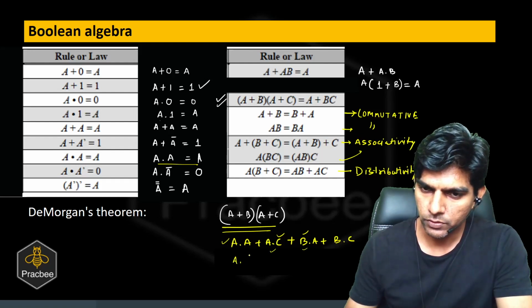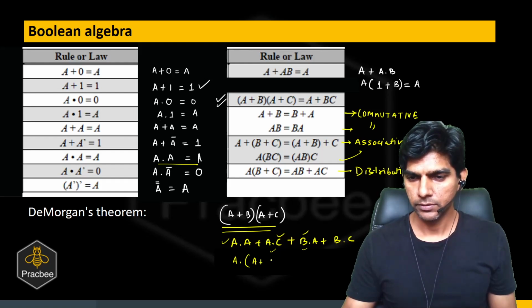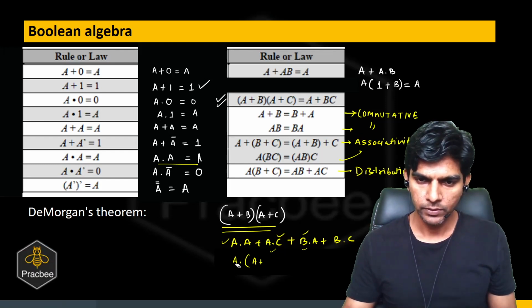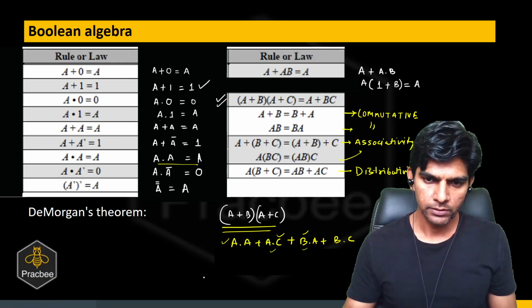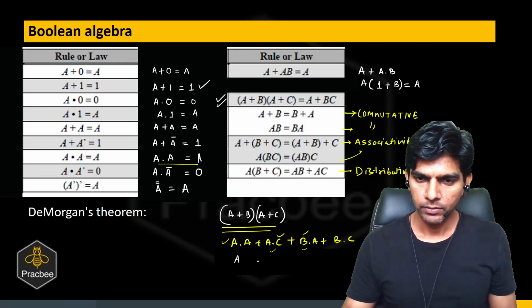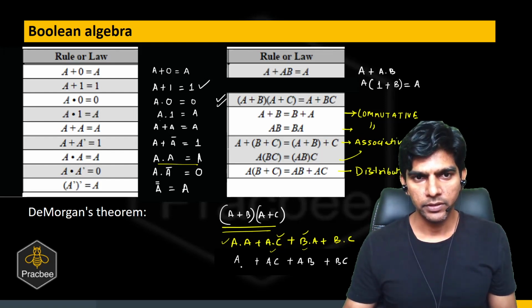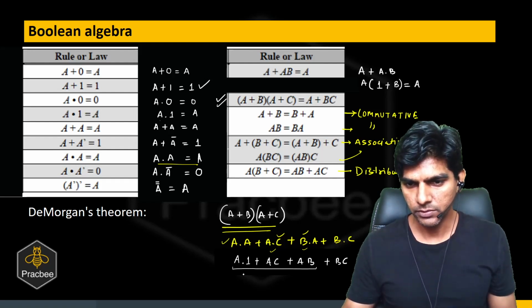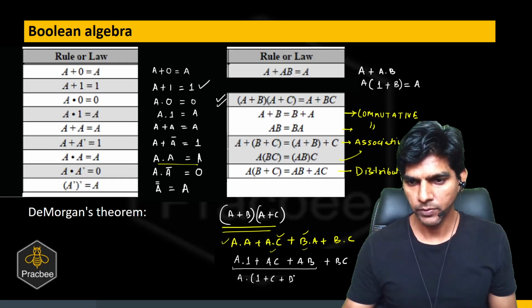So it will be A plus AC plus AB plus BC, and A can be written as A times 1. So for these first three terms, if I take A as common, it will be 1 plus C plus B, plus BC.